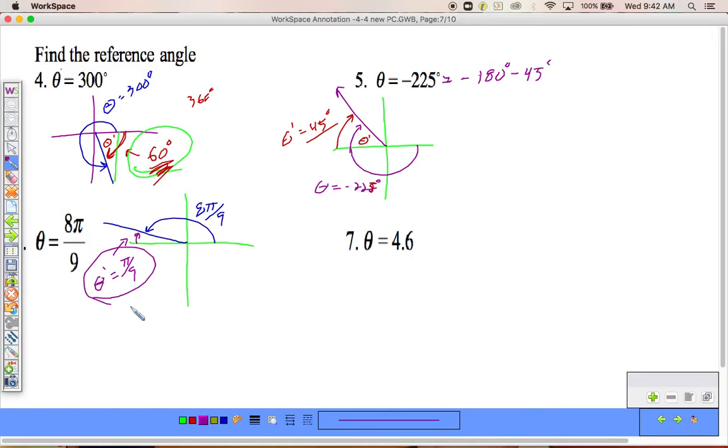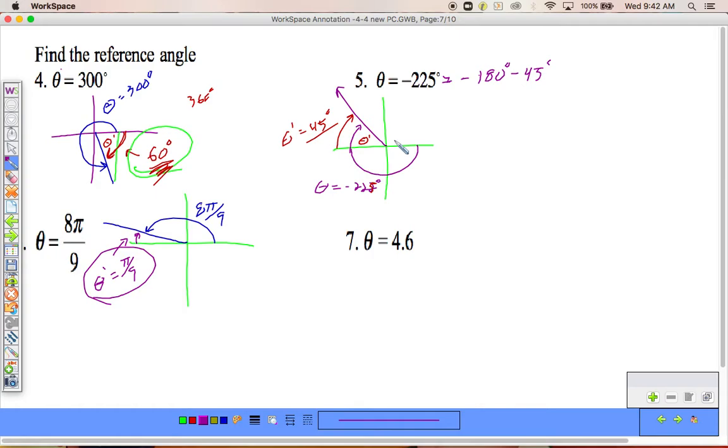So what we're doing is all in relation to a half rotation or a full rotation, in relation to pi and 2 pi, 180 and 360. That's how we're going to figure them out. All right, the last one.